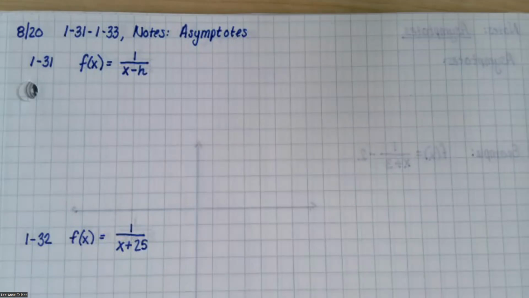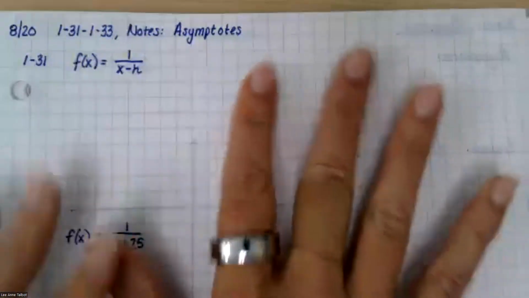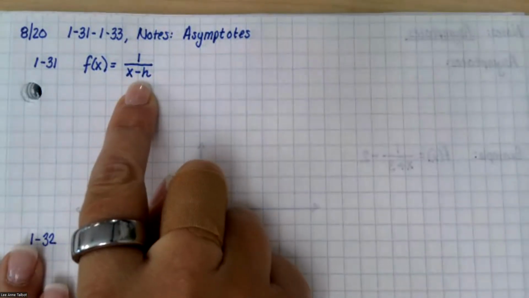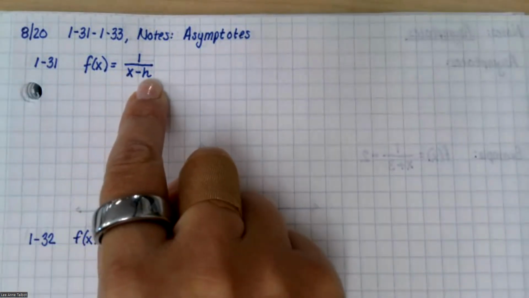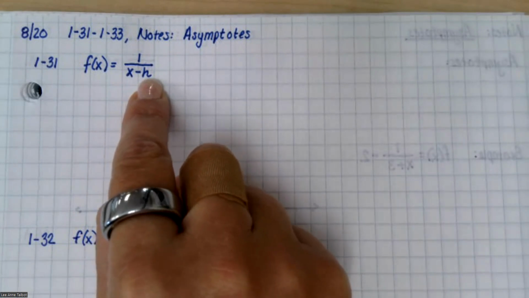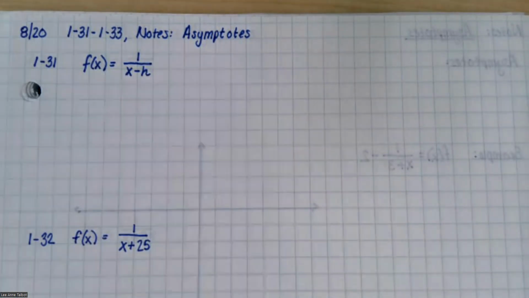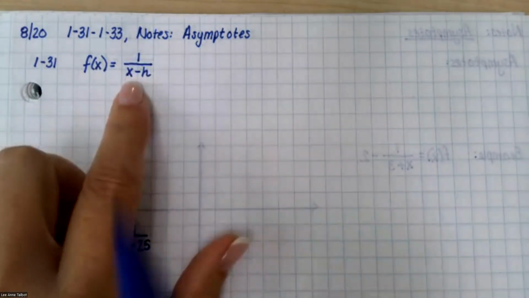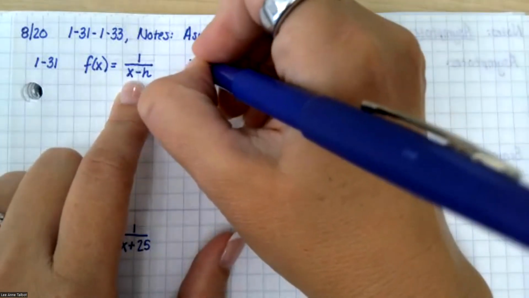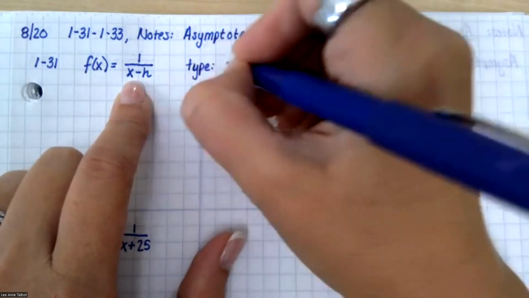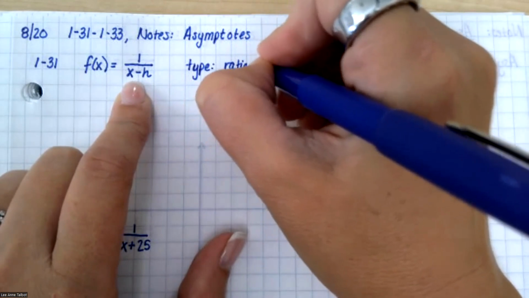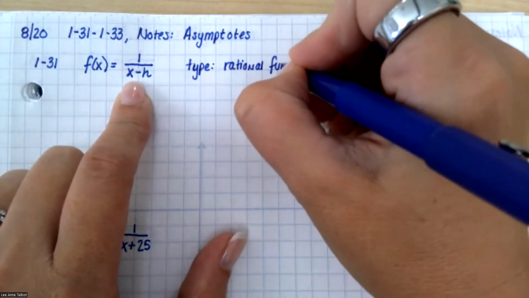Alrighty, so for number 31, we're going to review what we did yesterday and just write down everything we know about a rational function. So I just threw in a generic letter here, H. So we're going to write down just what we know generically about this. So I can tell from looking at this that the type is a rational function.